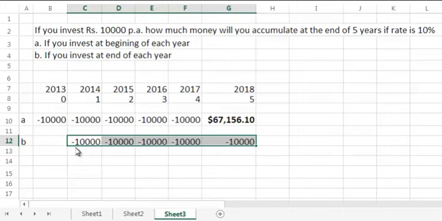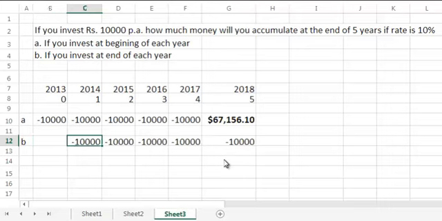Now before calculating the final answer, take a guess. Would the answer from B be equal to A, lesser than A, or more than A? Well, as you might have guessed, it has got to be lesser than part A. The reason being, you are losing 1 full year's interest on each 10,000 investment.